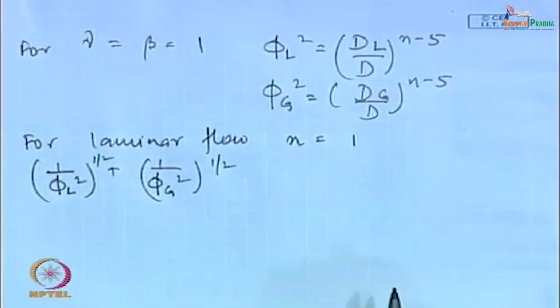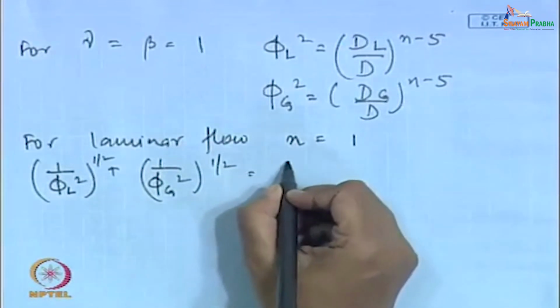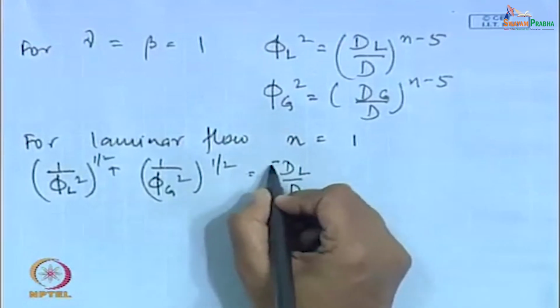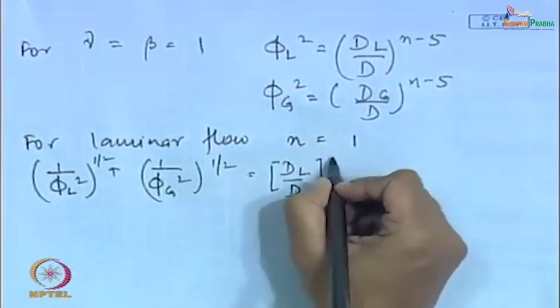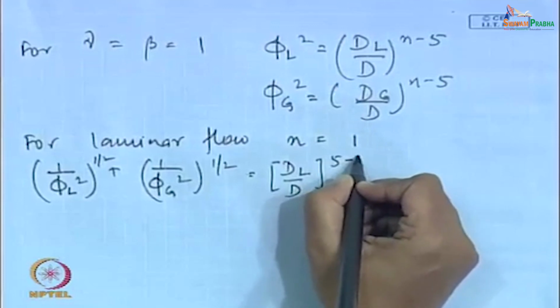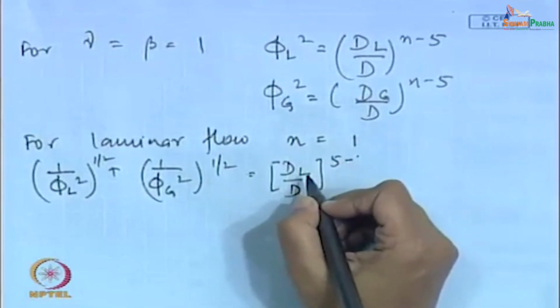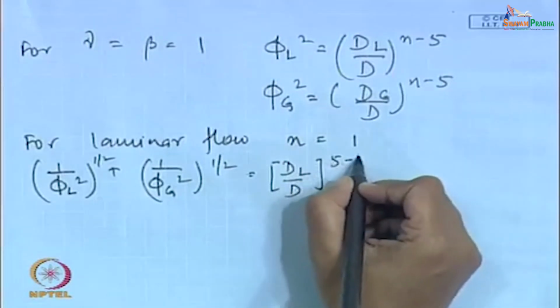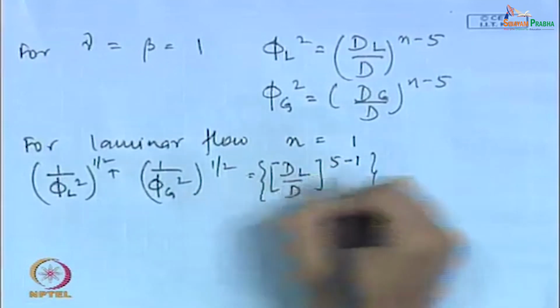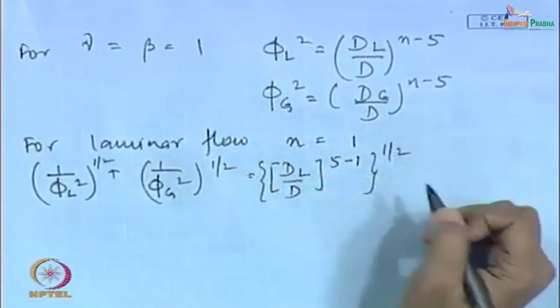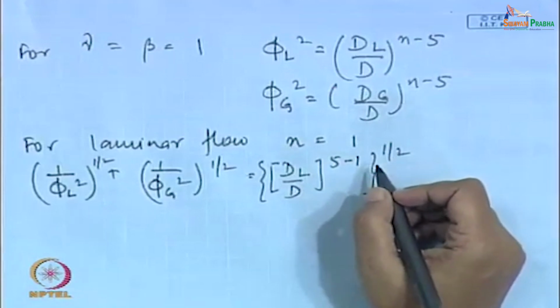What is this equal to, can you tell me? This is dl by d to the power 5 minus 1, whole to the power half. It should be 1 minus 5, I believe.